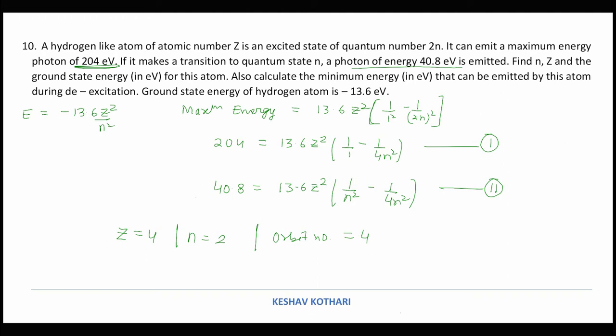Now the question is asking: calculate the minimum energy that can be emitted by this atom during de-excitation. So for minimum energy, the transition must be from 4 to 3.